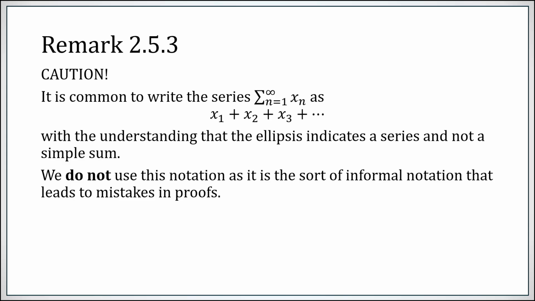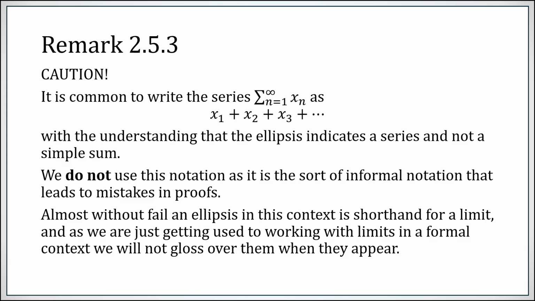It's a very informal way of writing things down and often leads to mistakes. Generally, almost without fail, an ellipsis is shorthand for a limit taking place. And hopefully, as the last two chapters have pointed out, limits can be kind of tricky. We're just getting used to working with them in a formal context. So when we can avoid doing so with our notation, we're not going to use the ellipsis as a way to paper over when a limit is happening.